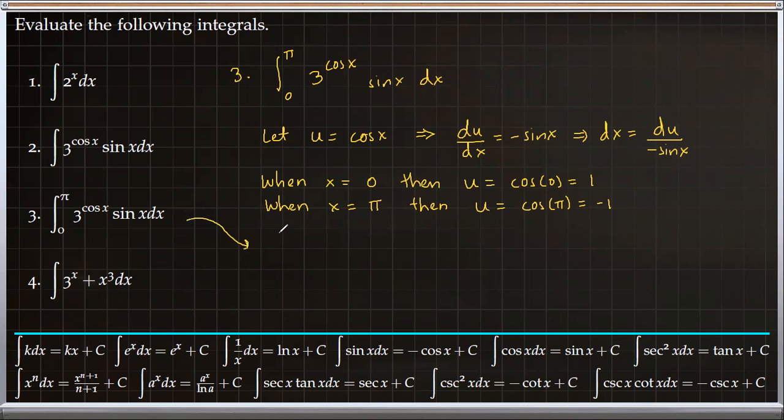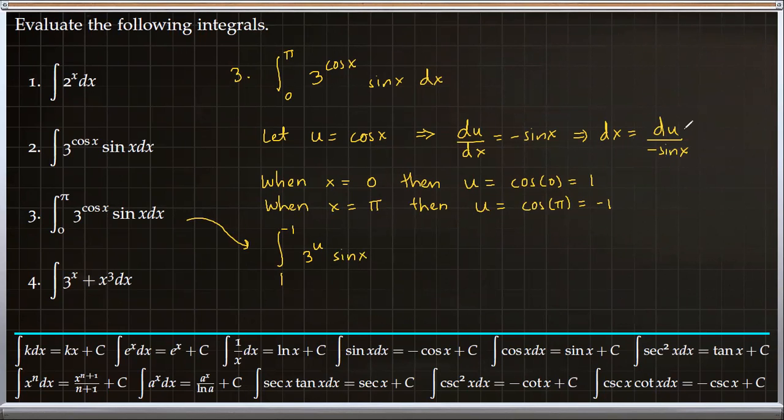So this becomes the integral from negative 1, actually 1, when x is 0, u is 1, to negative 1 of 3 to u, since we are letting cosine x be u. And I'm going to leave sine x as it is for now.